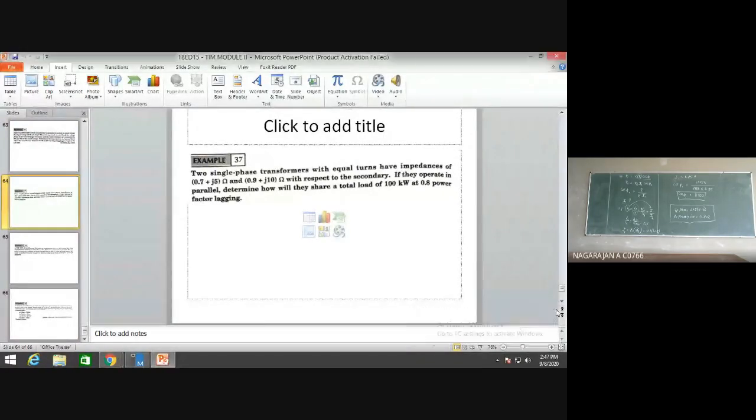So this problem, the second problem, is based on load sharing.